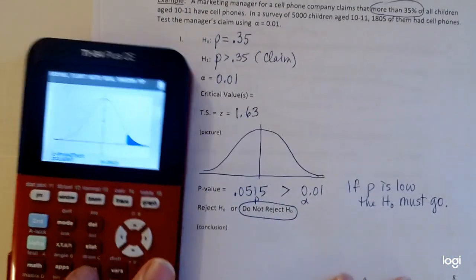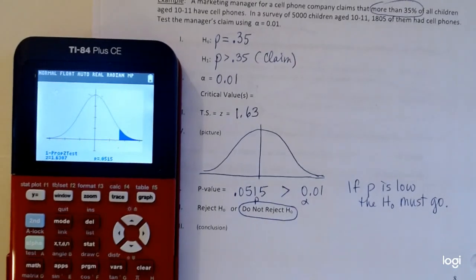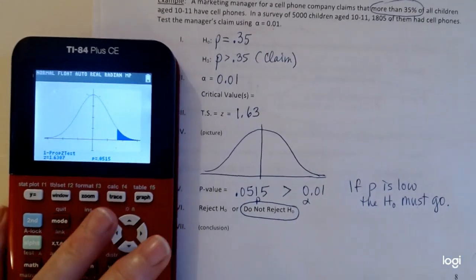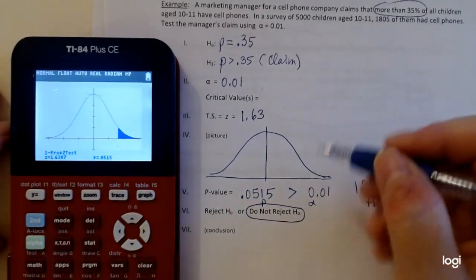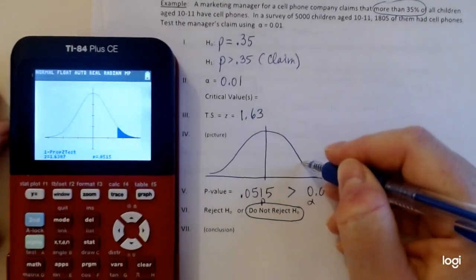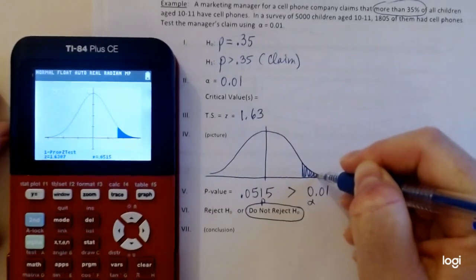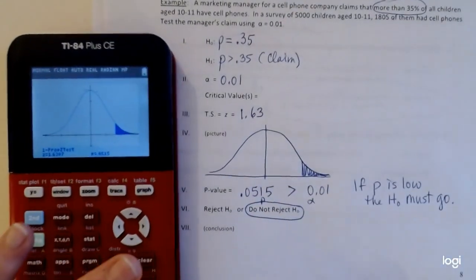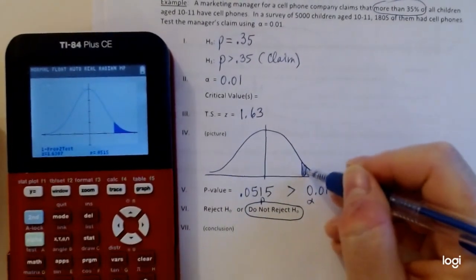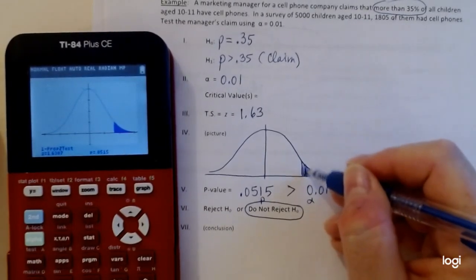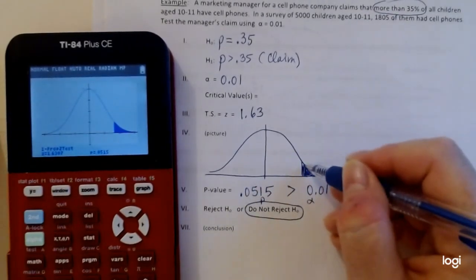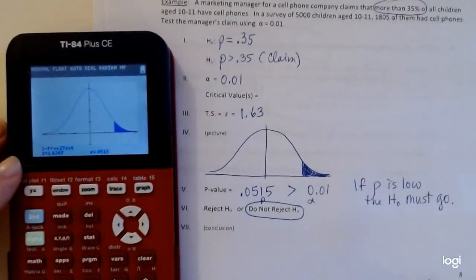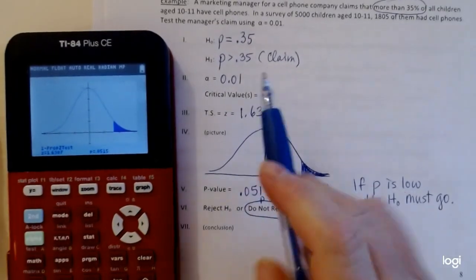Now I'm going to go back here since my calculator is finally finished, and I'm going to shade that in. So that's our picture of the probability of getting the result that we got, if this is true.